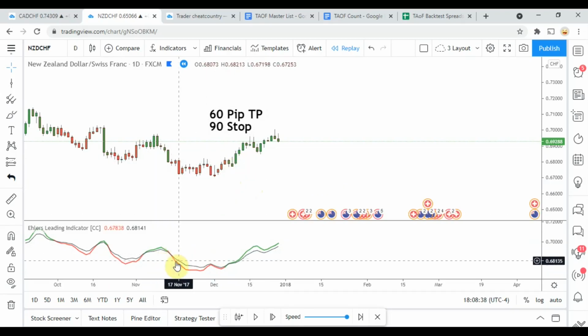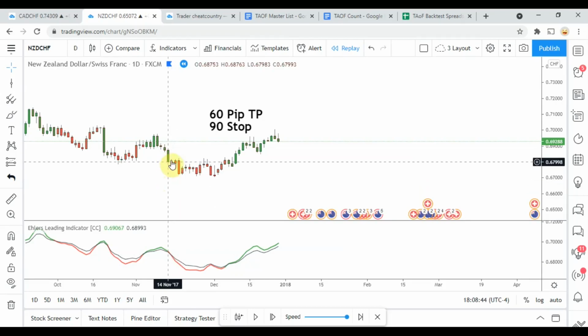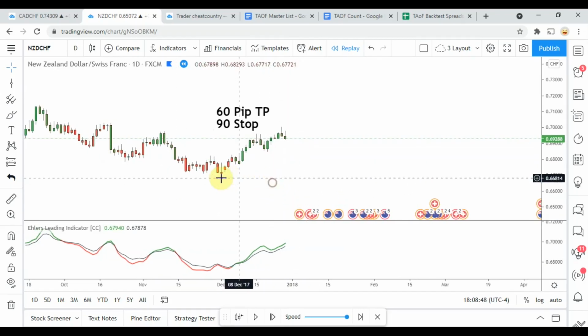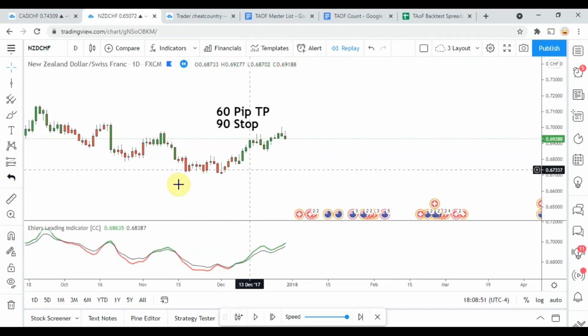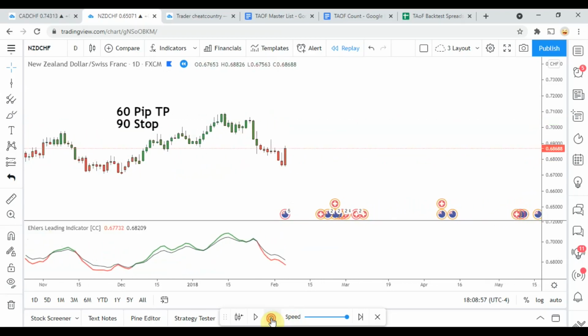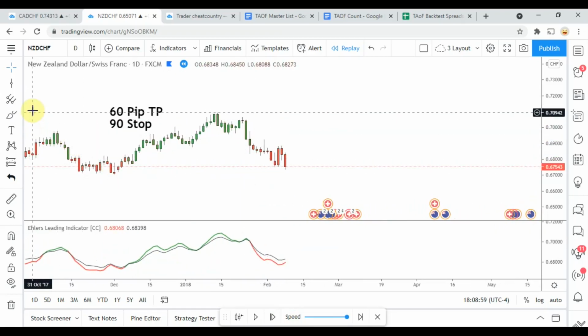When the larger line crosses down below the signal line, the line goes red and the candles also turn red. So, pretty simple setup like we've done before. When the candles go green, we'll go long. When the candles go red, we'll go short. And that's how we will be testing it today. So let's go ahead and get on with the testing here.